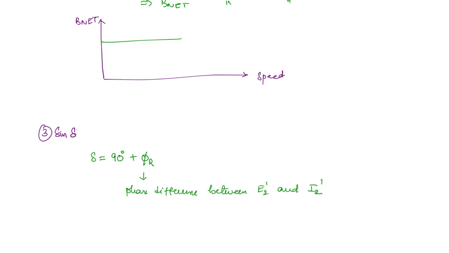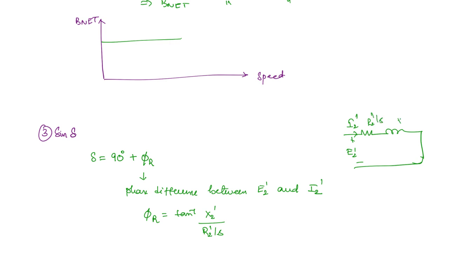So you can express phi r as tan inverse of reactance over resistance, which is X2 dash divided by R2 dash by s. This is the rotor circuit, E2 dash, I2 dash, referred to the primary side, with R2 dash by s and X2 dash.